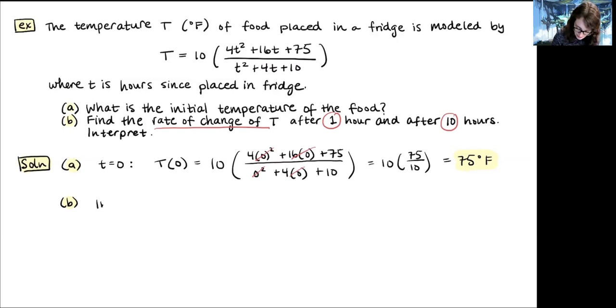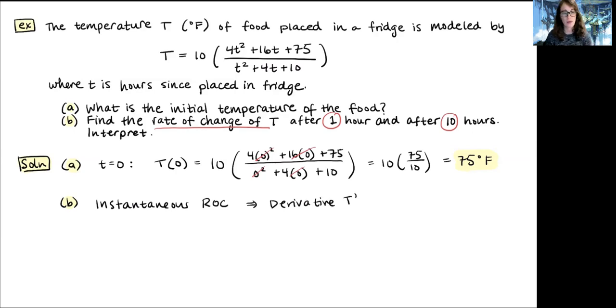Okay, so we have instantaneous rate of change, or IROC, I-R-O-C, right? And remember that this is the derivative. Instantaneous rate of change means derivative, so in this case, capital T prime. So it looks like we're going to need the quotient rule to differentiate this.